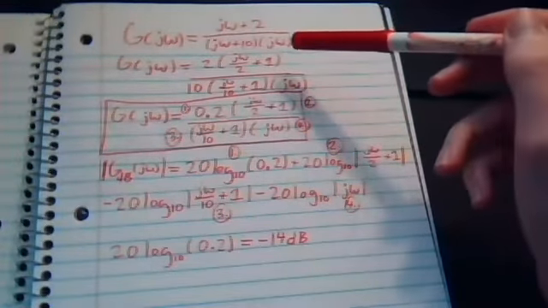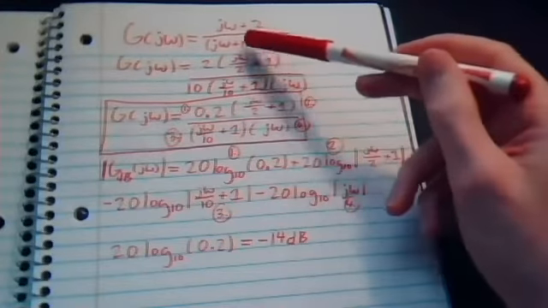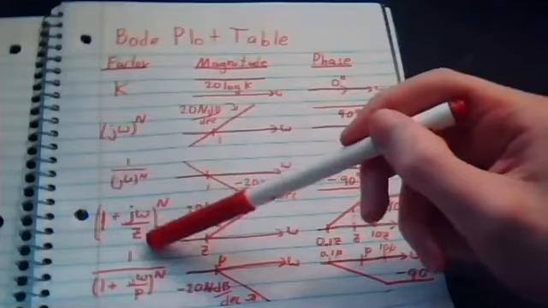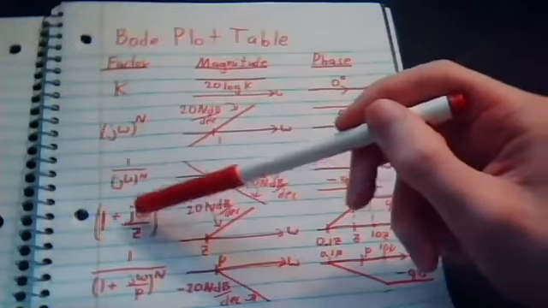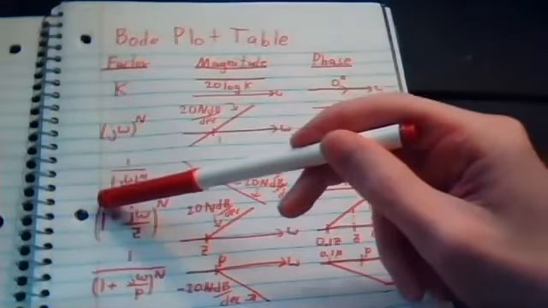We can see that these original terms, j omega plus 2 and j omega plus 10, are not on the Bode plot table. These almost look like this form, but they're not, because we're not adding plus 1, right? We're adding plus 2 and we're adding plus 10.